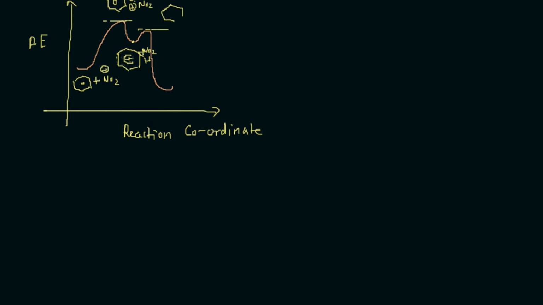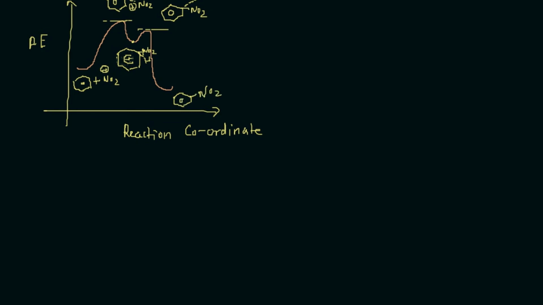Now in the second transition state, what happens? The hydrogen is leaving the benzene and the NO2 group is attached to it, and this is our benzene. You can see the final product over here.